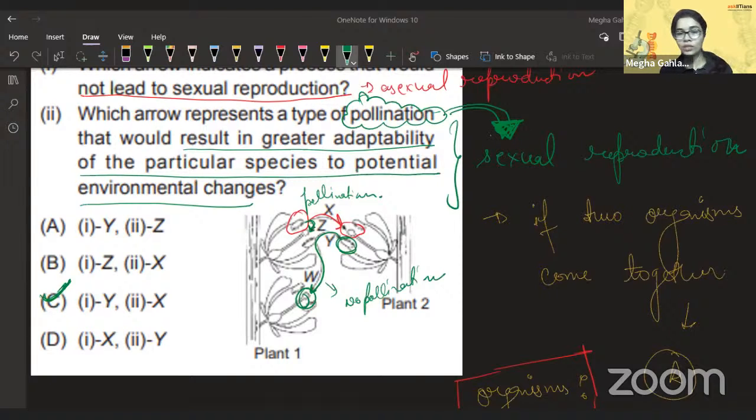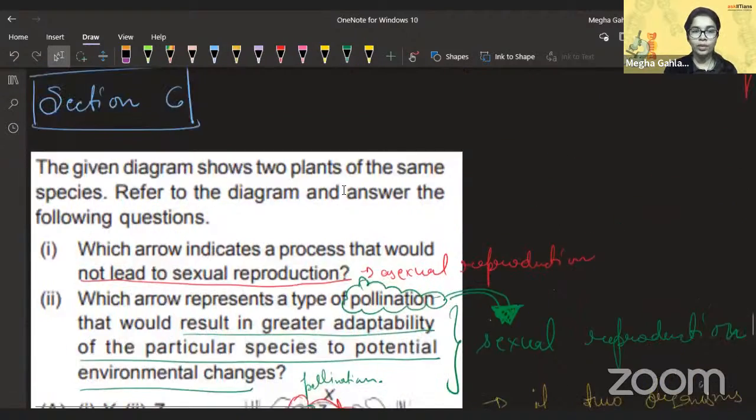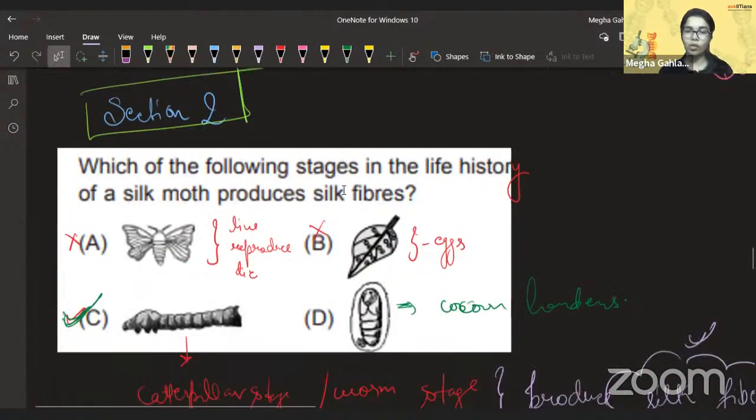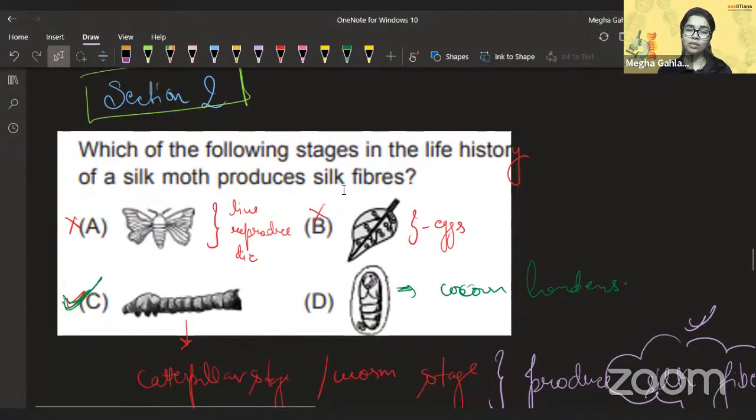So as you see, we solved multiple questions here. Now see, going back to this question of the silk moth and the silk fibers, this is something that you started reading in 4th grade, okay? And some of you might have watched it in YouTube videos, or some of your teachers might have shown it as well.